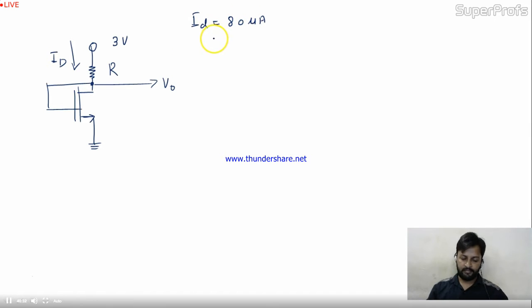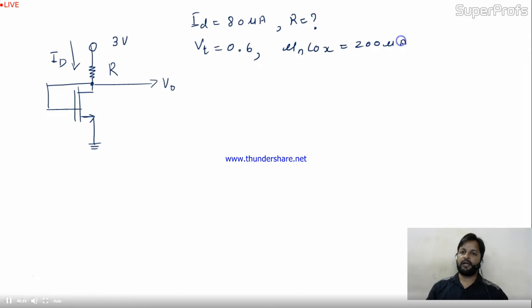Okay, if ID is 80 microampere, find the value of R. Given data are: Vt is given 0.6, mu n Cox is given 200 microampere per volt square, L is given 0.8 micrometer, and W is given 4 micrometer. Is it okay? These are the data given over here. Now I have to find out this R. ID is given, everything is given.